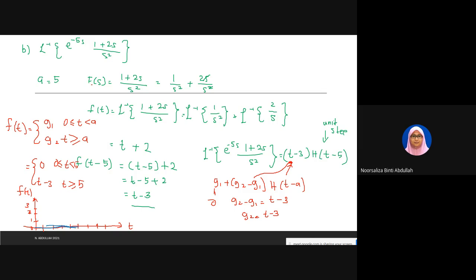This is G1, and G2 is T minus 3. So T minus 3, let's say your T equals to 0.